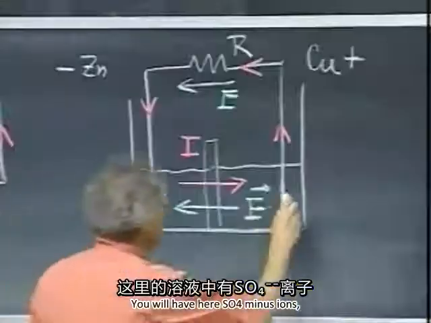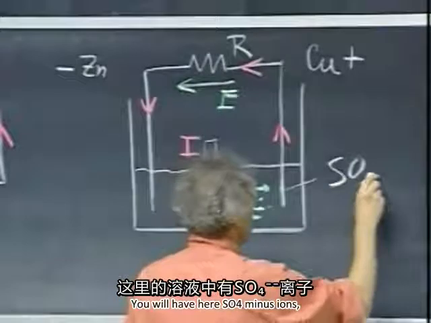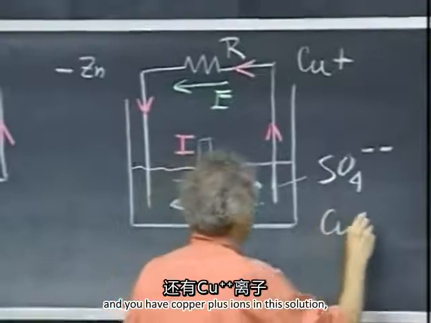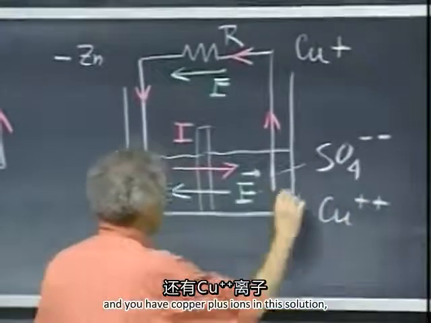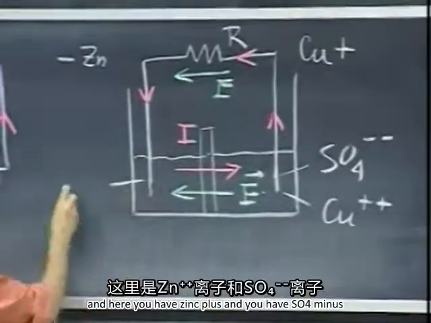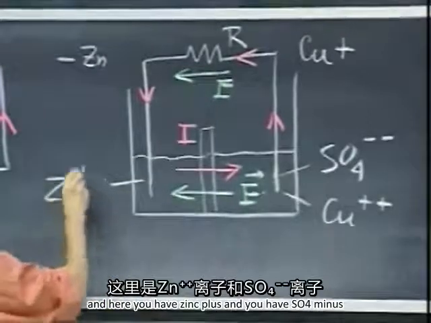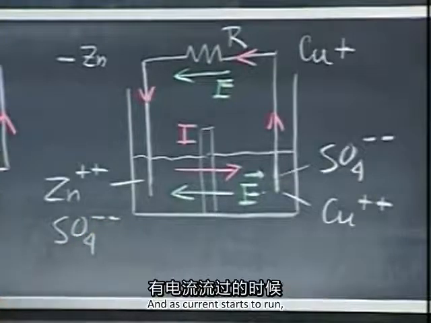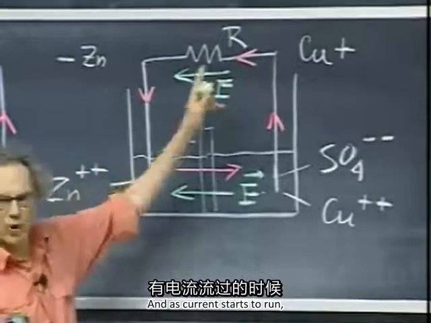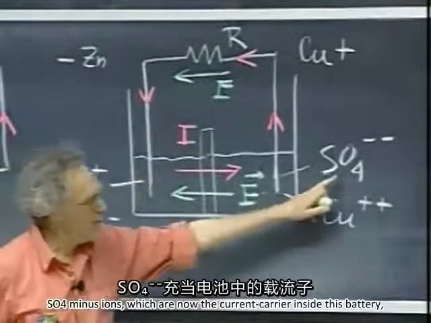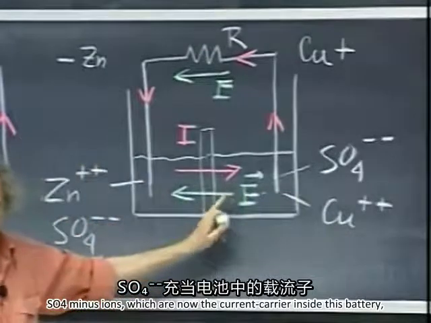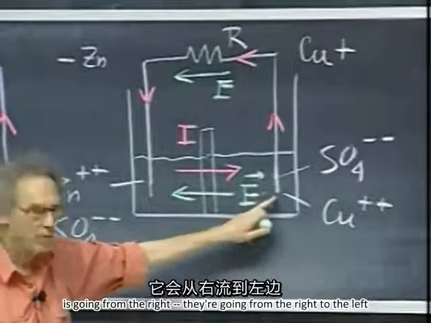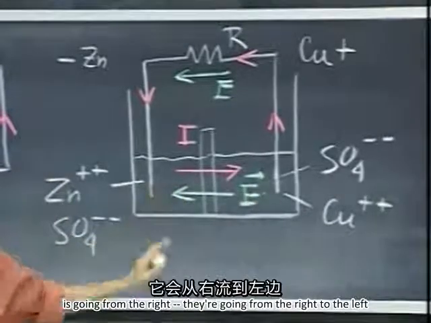You will have here SO4 minus ions, and you have copper plus ions in this solution, and here you have zinc plus, and you have SO4 minus. And as current starts to run, SO4 minus ions, which are now the current carrier inside this battery, are going from the right to the left.